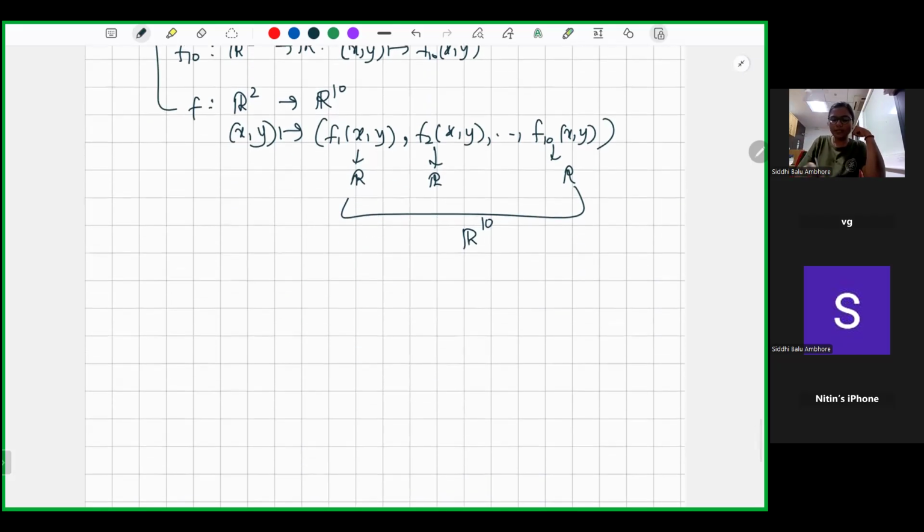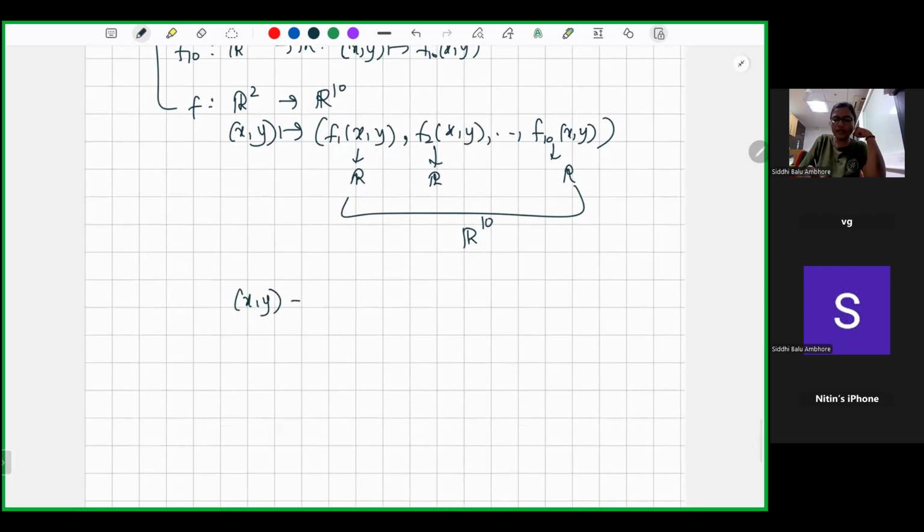Why would it be unique? I can map (x, y) to (0, 0, 0) everywhere. This is one function. But let's assume for a second that my R2 is the xy plane. There is some curve on that plane, and now I want to project this curve into R10.